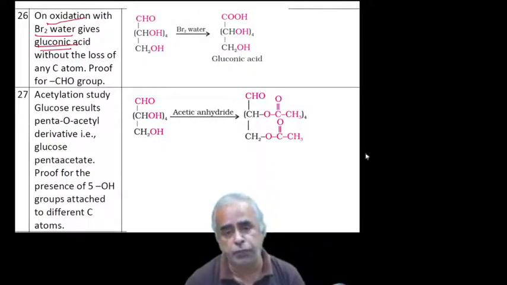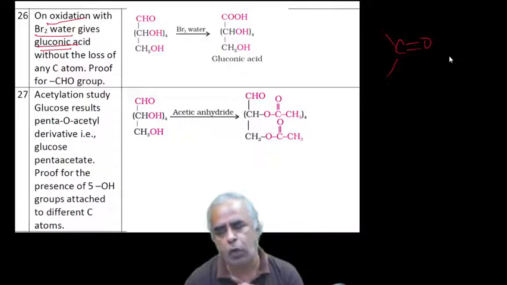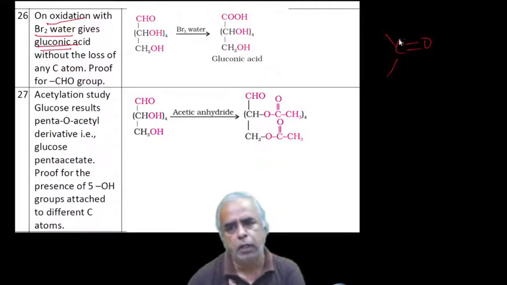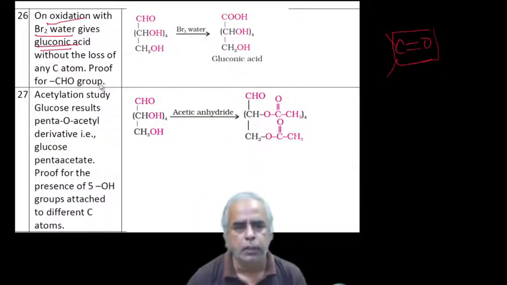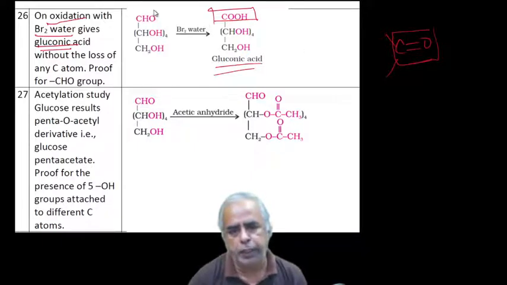That confirms the presence of the carbonyl group, because the carbonyl group can form an oxime. When it is an aldehyde, it gives an aldoxime; when it gives a ketoxime, then it can be a ketone. So for oxime formation the carbonyl group is present, but we do not know whether it is an aldehyde or a ketone. In order to confirm that, when we oxidize, it gives an acid called gluconic acid, without loss of a carbon atom. So it means that it should be an aldehyde group.